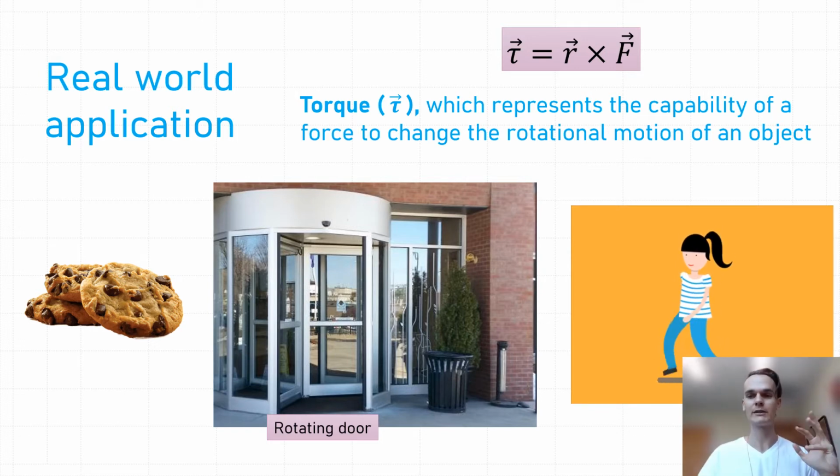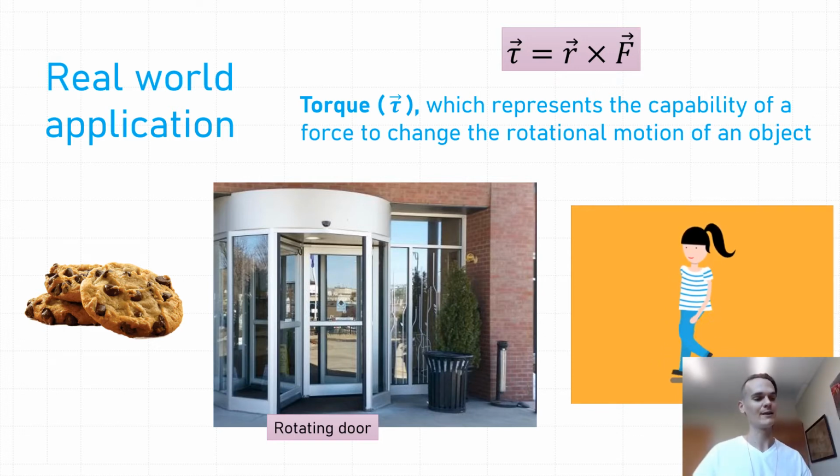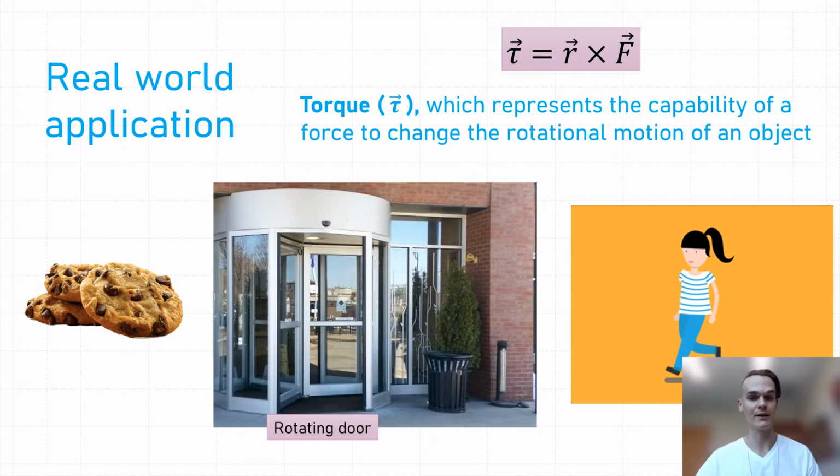So let's stop for a second to acknowledge that we already intuitively know what the answer to this question is. Much like the real world applications that we've discussed with vector addition and the dot product, you know physics from your everyday lives. You know what the cross product is. You know what the dot product is.